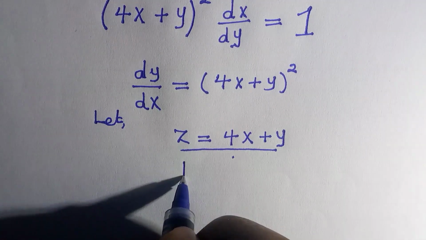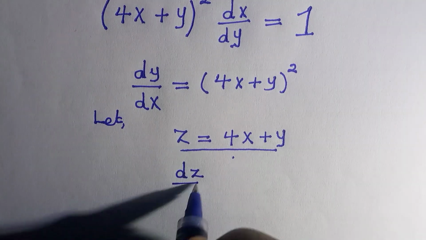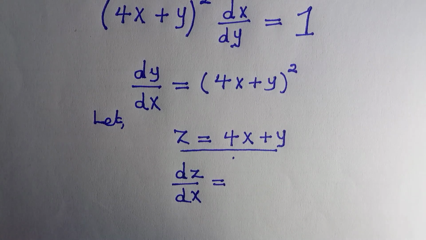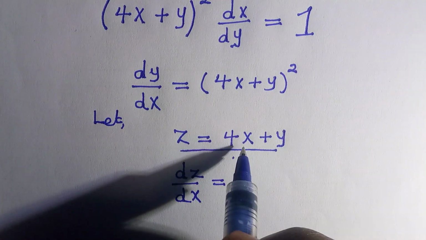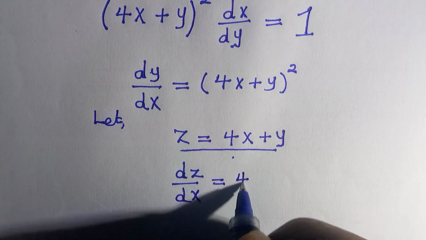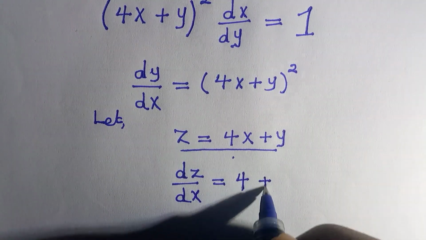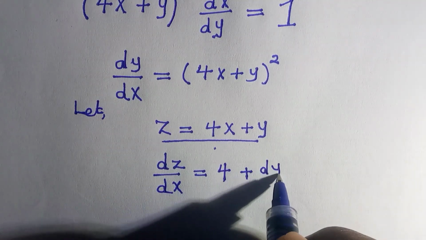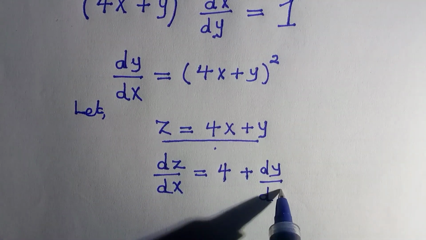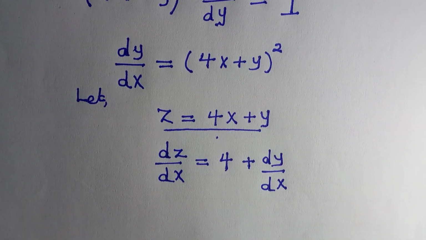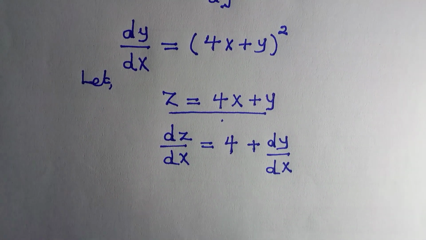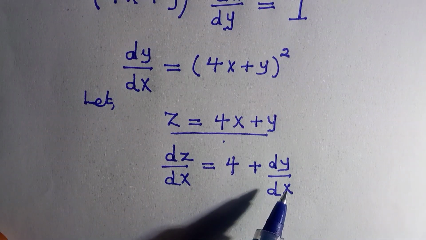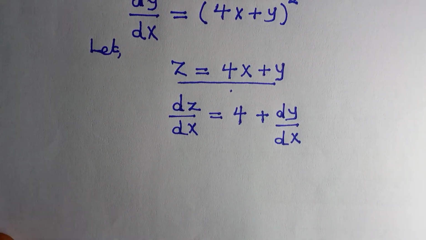Here we have dz/dx equals, if I differentiate x, we have 1, plus, if we differentiate y, we consider this as dy/dx. Since we consider x as independent, and the others dependent, we take the derivatives. And here we have dy/dx.